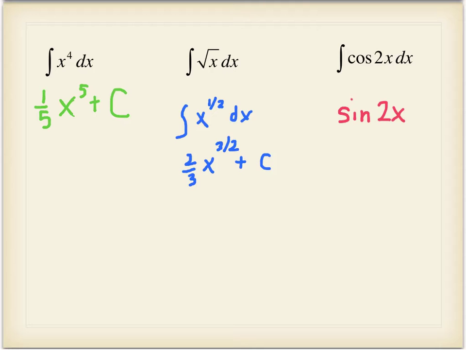I don't have that times 2 out in front, so to account for that, I'm going to put this 1/2 out in front. So there are some basic examples. Oops, what did I forget, class? The plus c at the end. I almost forgot that. I guarantee that on a test or a quiz you're going to forget that plus c, and then you will bang your head against the table, but that's okay.